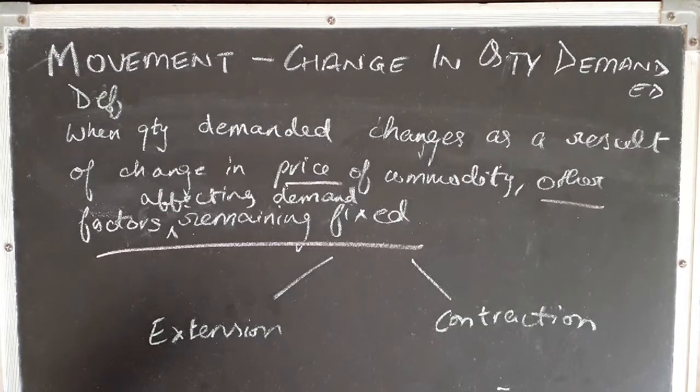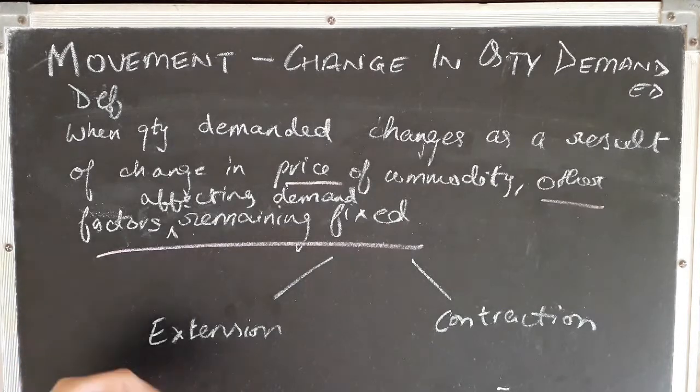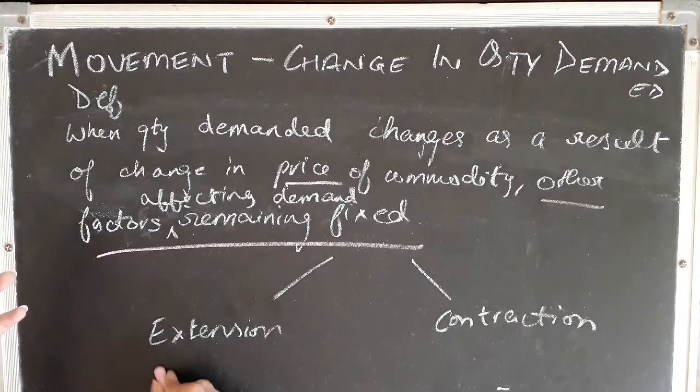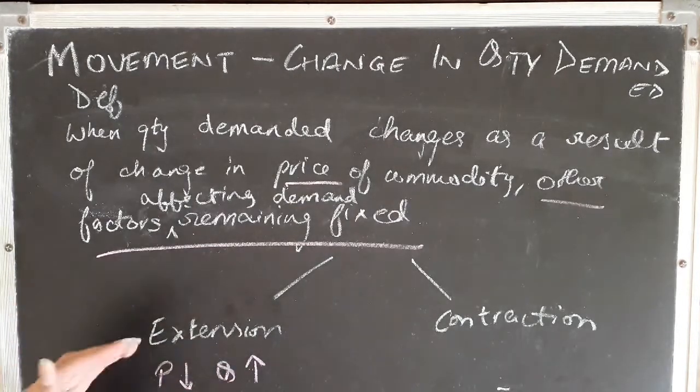Now, as per the law of demand, when does the quantity demanded of the commodity increase? When the price of the commodity falls, right? So, what is extension of demand? All other factors remaining constant, price of the commodity falls such that quantity demanded of the commodity increases. This is called extension of demand.